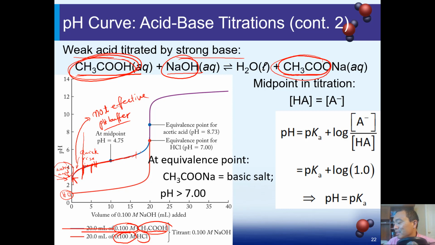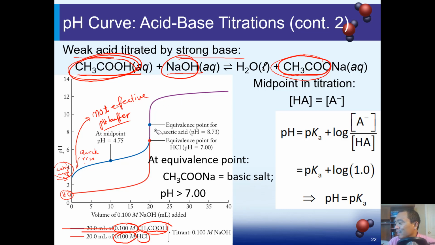But similarly, as the pH increases, at a certain point of time, you also undergo a pH jump. Look at the blue curve. Initially, the pH rises very quickly, then it increases more slowly. Then as you keep adding NaOH, the pH suddenly undergoes a pH jump.